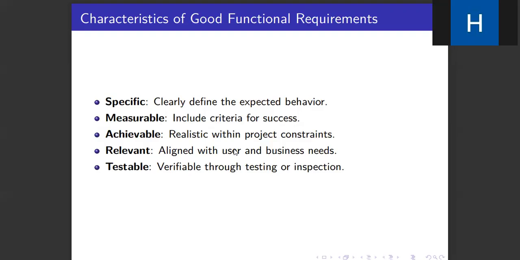The next point is it should be relevant. It should be aligned with the user and the business needs. So the functional requirement should be aligned with the user as well as the business needs. If it is irrelevant, then it's not a good functional requirement. Again, if we take complicated login systems like biometric logins for a simple bakery, a small bakery in a village, is it aligned with the users and the business needs?